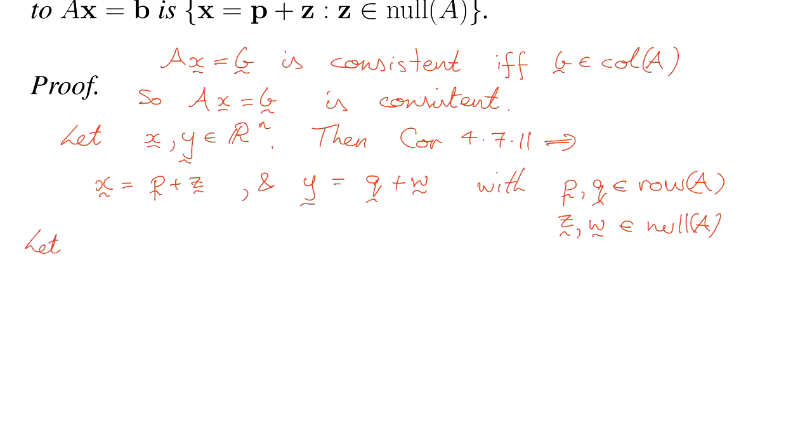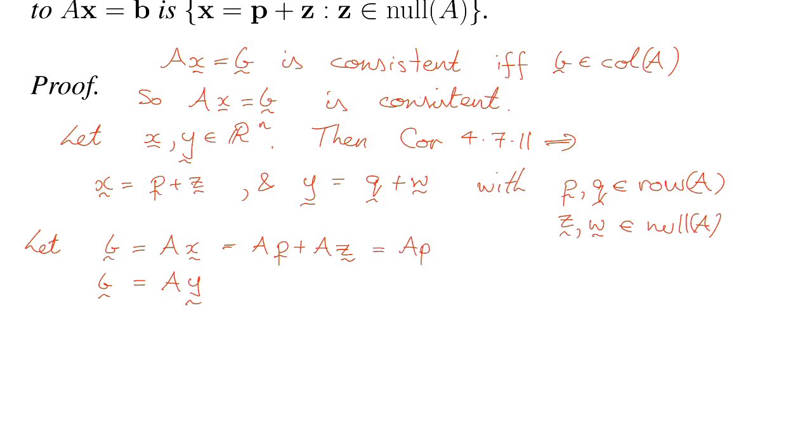So now let's say x and y are solutions. So that means b equals Ax and b equals Ay. Okay, but what's x? x is p plus z. And what's Az? 0. Az is 0 because z lives in the null space.